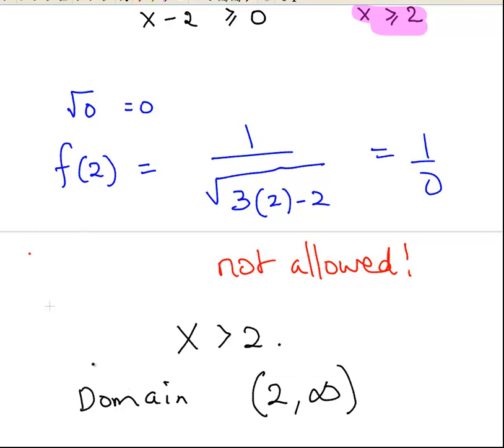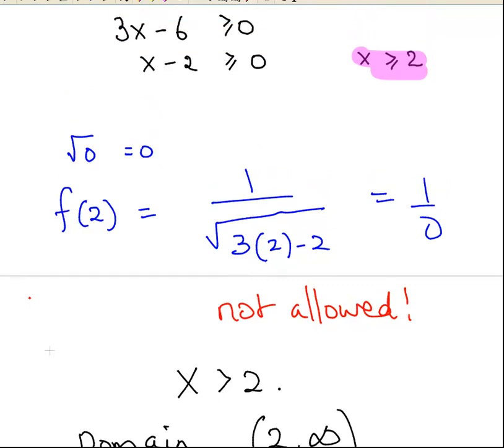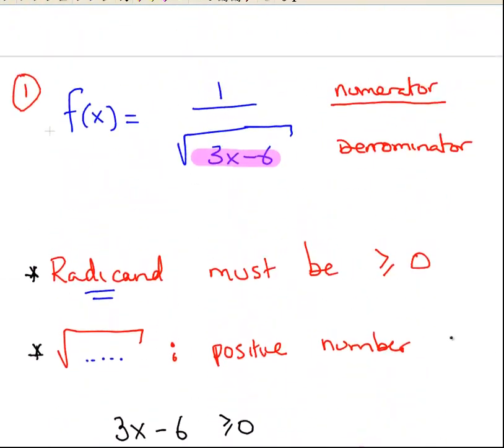Now, the range of that function here, okay? Well, essentially we can just disregard the stuff about radicands and so on. The numerator is 1, it's a positive number. The square root function will always give us a positive number.